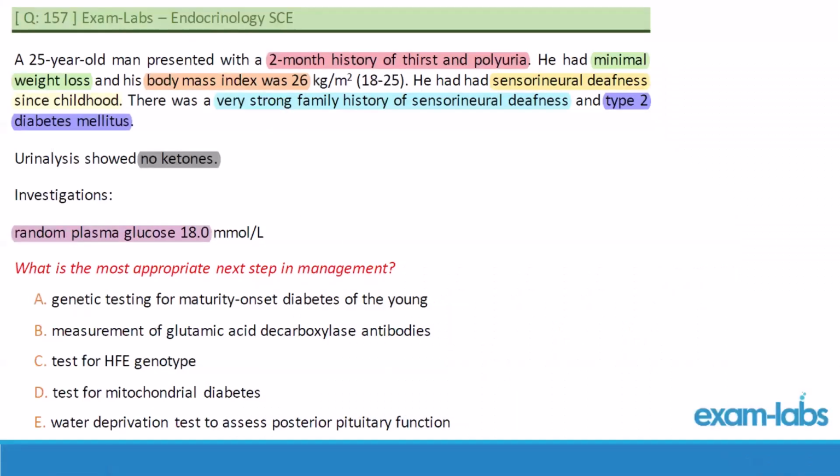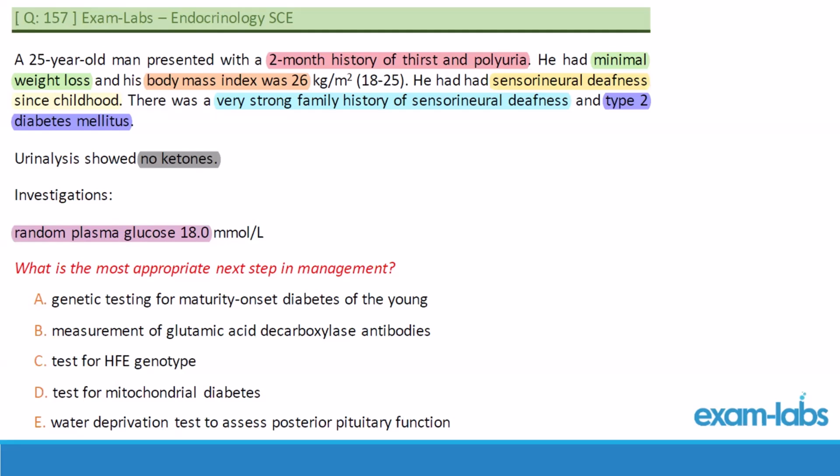Genetic testing for MODY, measurement of GAD autoantibody, test of HFE genotype, test for mitochondrial diabetes, or water deprivation test to assess pituitary gland. So according to your diagnosis, if you suspect type 1, we should measure GAD autoantibody.